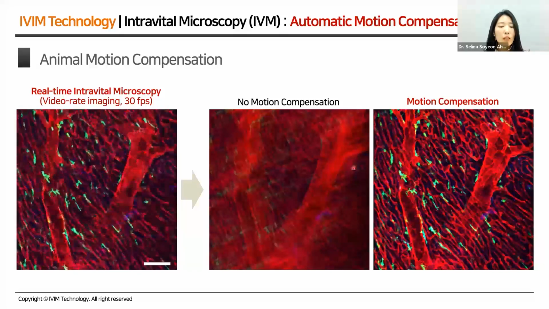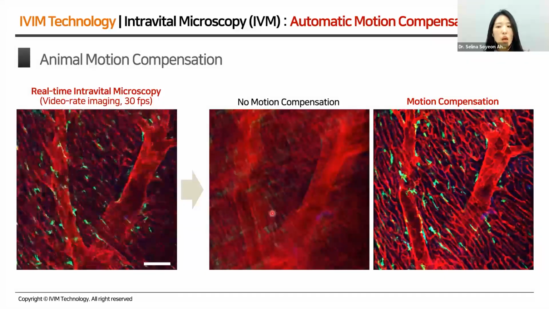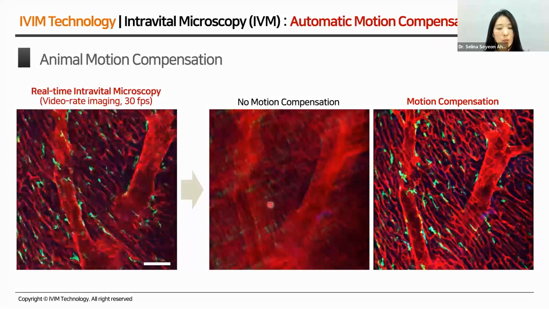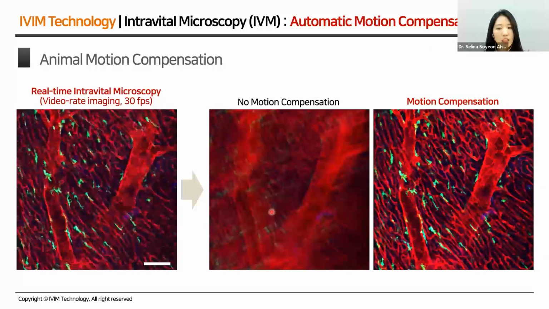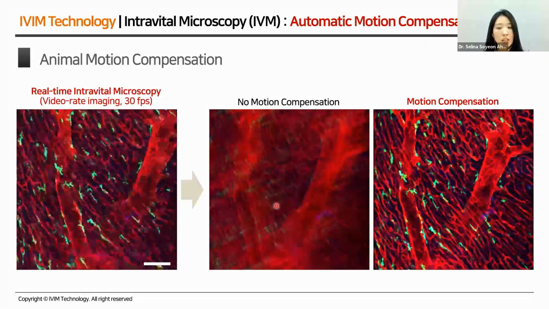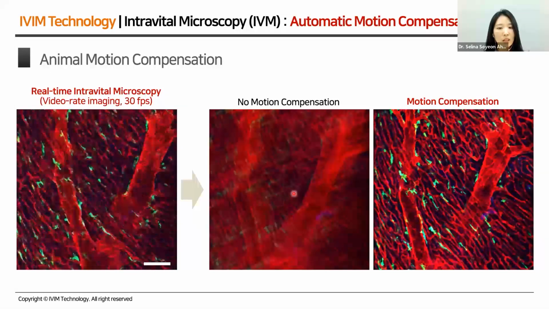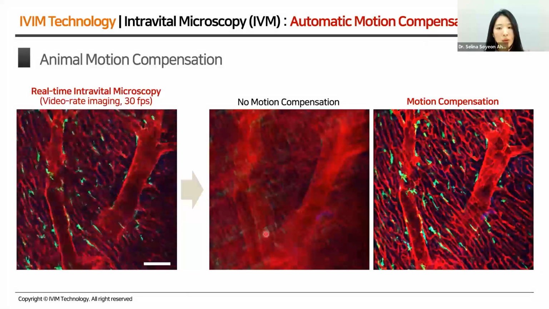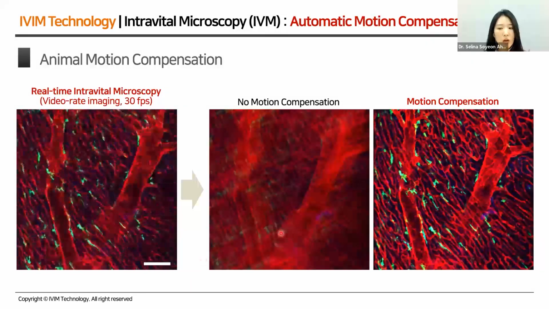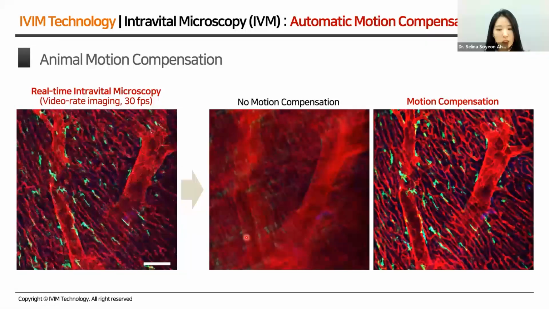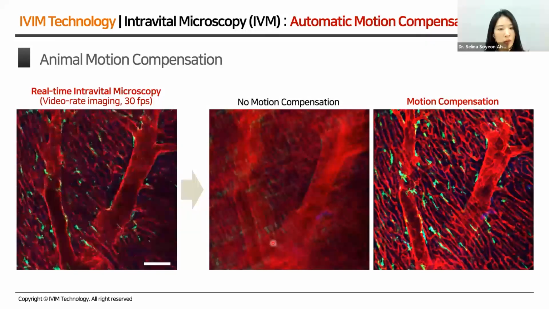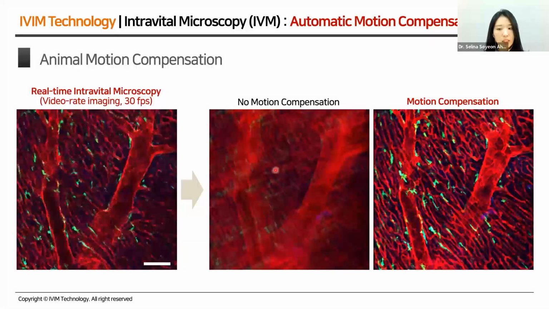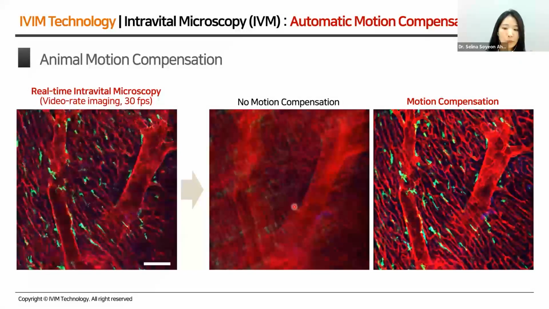So without this motion compensation function, only this blurred image could be obtained due to the motion artifact, which highly disturbs the quantitative analysis of the cell dynamics of the live animal model. So I'd like to emphasize that the conventional standalone microscopy can only acquire those kinds of shifted data, like in the middle, from the same live animal model.